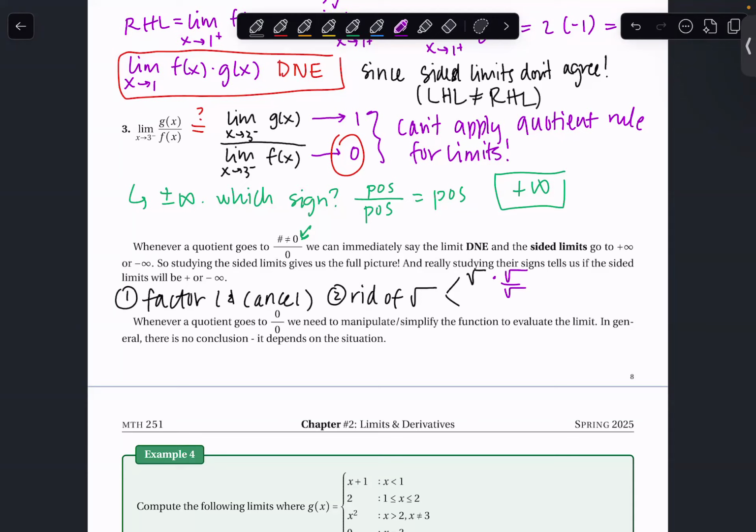Another way you can see square roots show up is if you had a square root plus or minus something else. Let's say that's your original. What we can do here is multiply by a conjugate. That's a fancy way of saying multiply by this, but just change what sign is showing up. If it was plus, I turn it to minus.